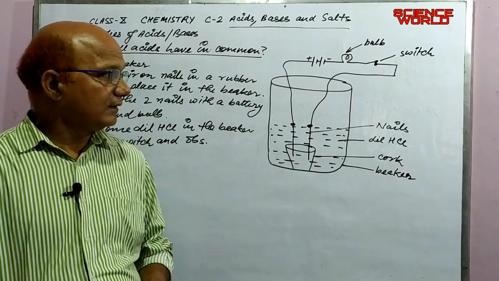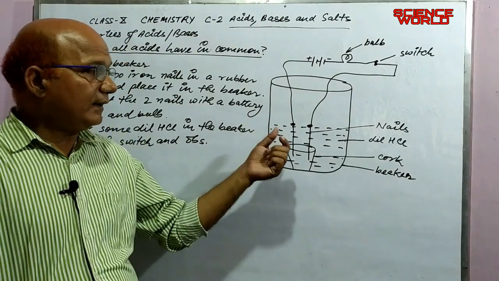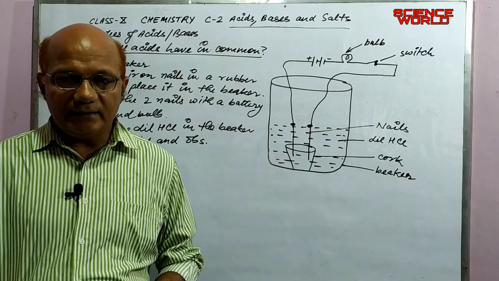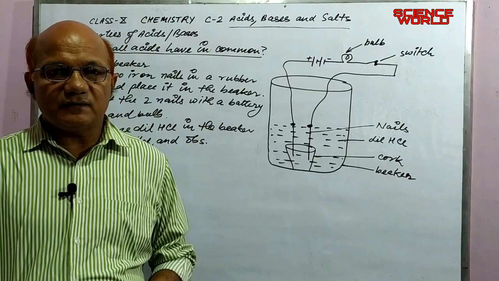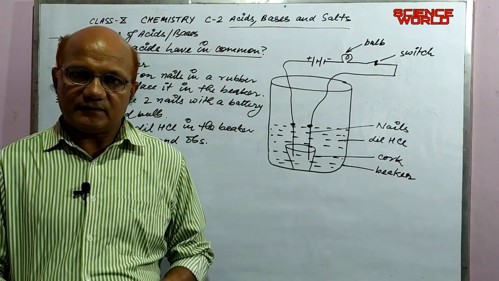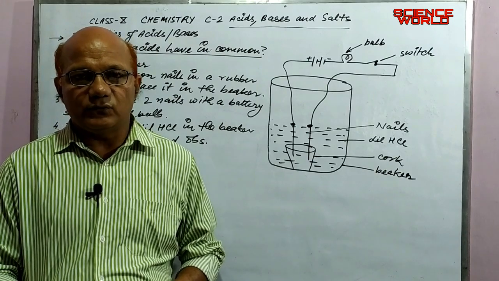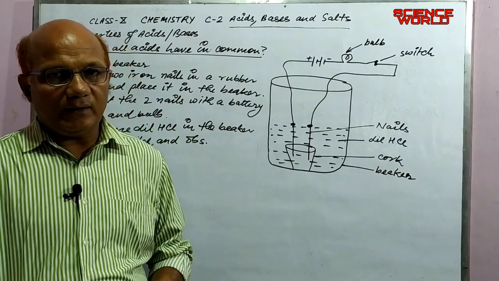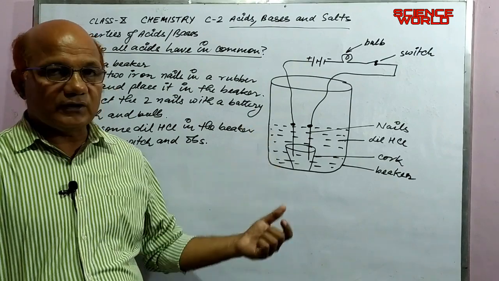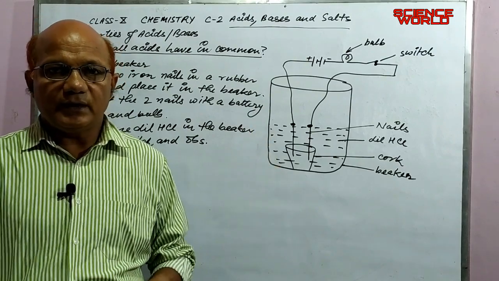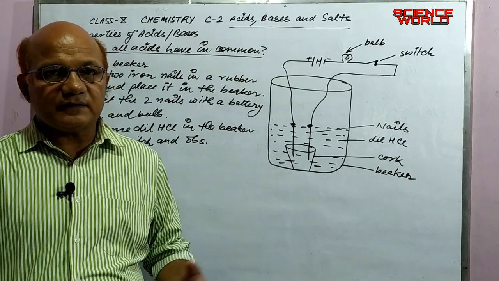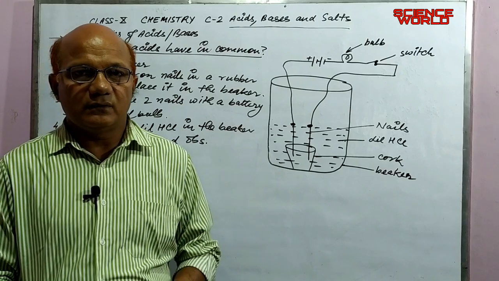It means all acids contain hydrogen ions, and due to these ions, acid can conduct electricity. But in case of glucose or alcohol, these solutions do not produce any hydrogen ion. That is why in this case the bulb does not glow.